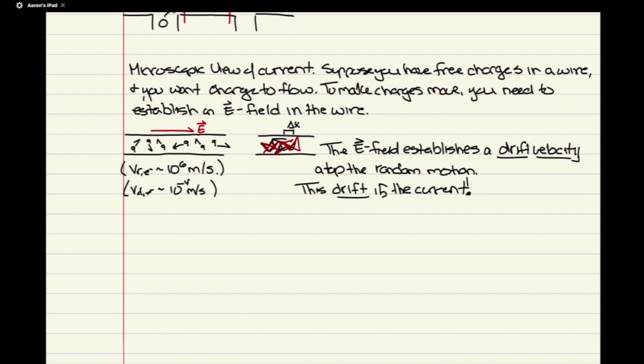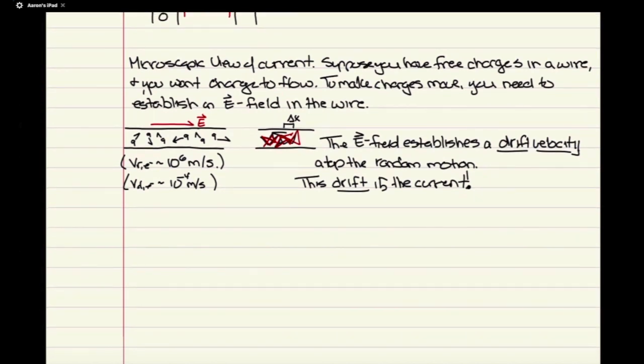Which resulted because of an electric field that was established in the wire. Note at this point, I have not really said where that electric field came from. That will come later. For now, let's take it as a given. This slight, very slight drift atop the random motion is the current. And you can see just by comparing the values, 10 to the 6 versus 10 to the minus 4, electrons are not whizzing around circuits incredibly quickly.